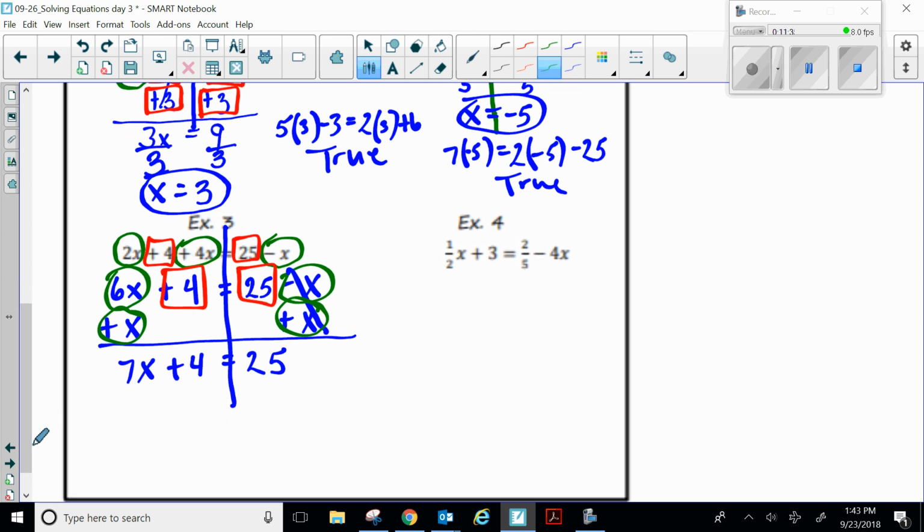Okay, my next step is to get my constant on one side. So I can see that 25 is already on one side by itself. But the 4 isn't, so I'm going to add a negative 4.